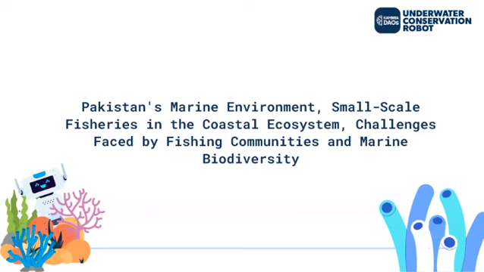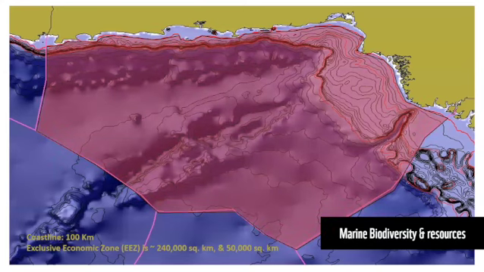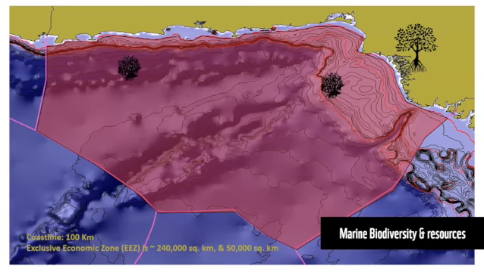Anyhow, now comes the story of Pakistan's marine ecosystem and coastal fisheries ecosystem, the challenges being faced by fishing communities and the marine biodiversity. Pakistan's exclusive economic zone is almost 20% of the Indian Ocean, where we have good vegetation of 4 species of mangroves.